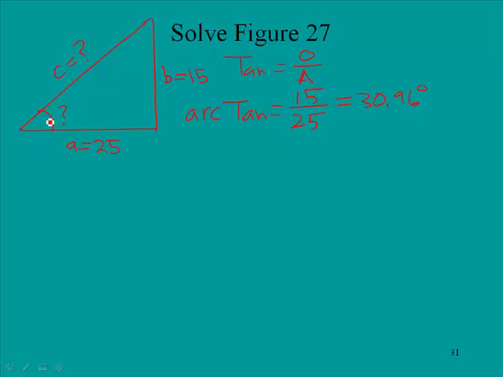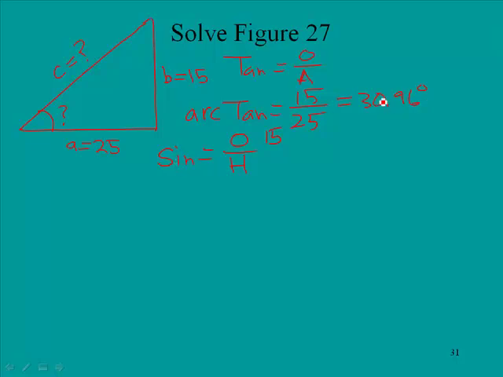Now we want to solve for the unknown over here. We could do this a number of ways, but we want one that includes the hypotenuse. Sine equals O over H, and we know the opposite is 15. We know that the degrees are 30.96, but we need to know the ratio for sine.